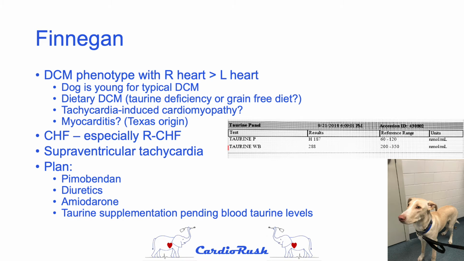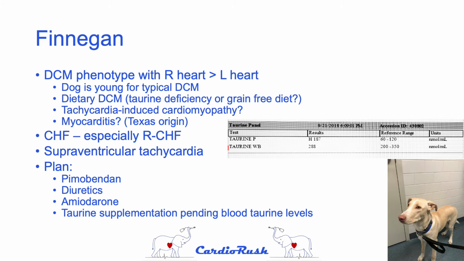And myocarditis is also a possibility, and the dog did originate from Texas, so we considered pathogens that might be identified there. The dog had congestive heart failure, more right-sided heart failure than left-sided heart failure, and supraventricular tachycardia with abnormal conduction through the heart. The original plan was to start with pimobendan, diuretics, amiodarone, and taurine supplementation pending taurine levels.